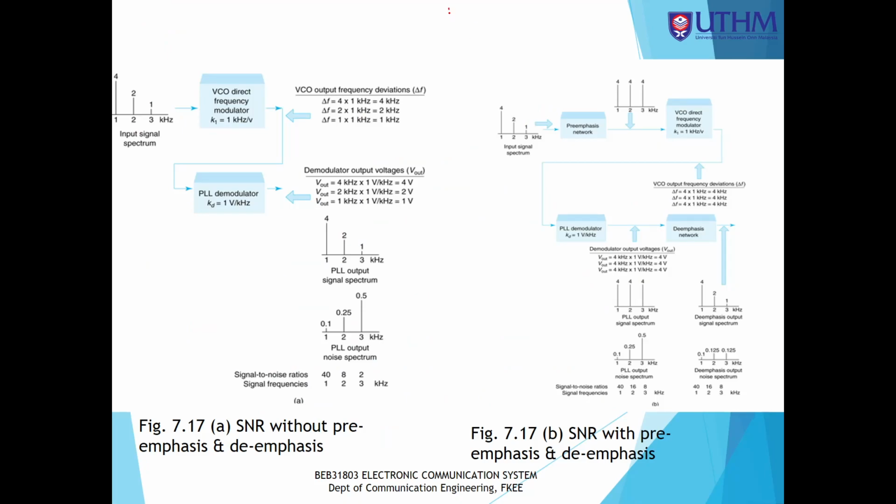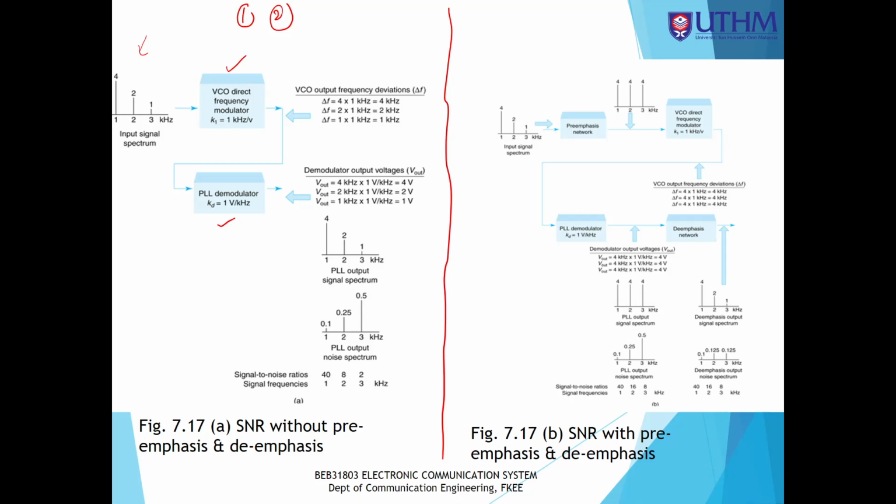Questions 1 and 2 refer to the picture on the left. You are given the VCO at the transmitter and the phase lock loop at the receiver. You are given an input signal with 3 different frequencies.